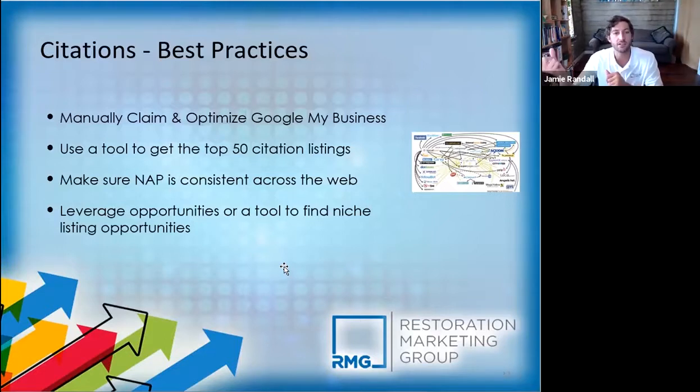So that would be a location relevant citation, but there also will be several restoration industry type citations or websites out there that you can get your NAP listed on. And then that'll give your website and your Google My Business relevancy to the niche, right? It seems, oh man, these people are all about restoration. We'll give them more authority signal points for being listed there, which ultimately helps with your website as well as your Google My Business ranking.